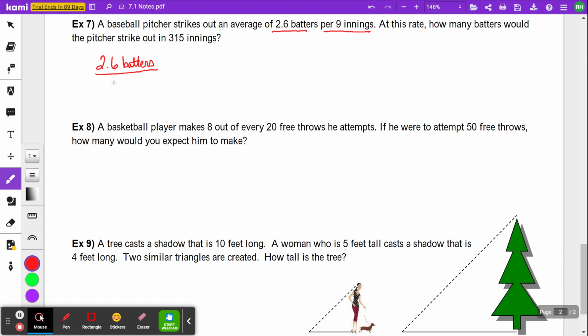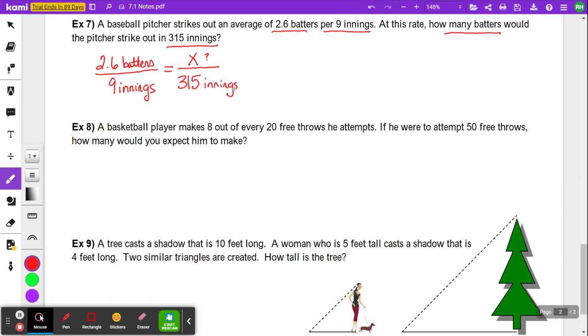Write it out for you so you can see it. And this is 9 innings worth of pitching. Okay, so the question says, at this rate, how many batters would the pitcher strike out in 315 innings? So if this is happening for 2.6 for 9 innings, how much would it be? How many batters? That's our question, right? Would there be struck out in 315 innings?